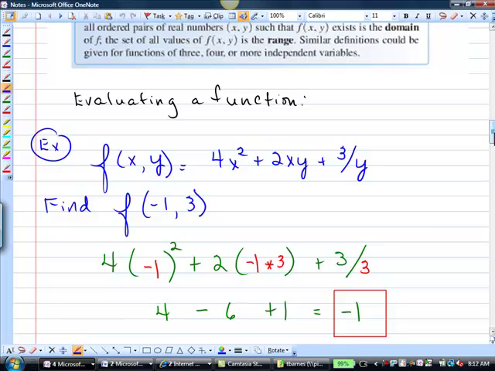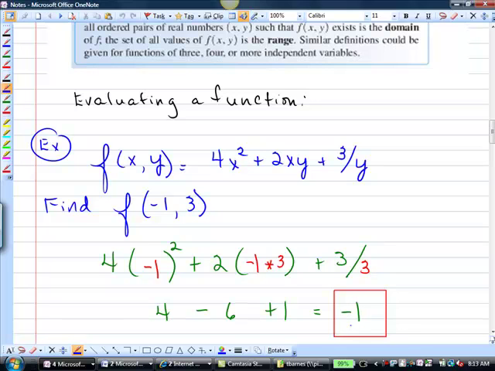Just plug in negative 1 for x and 3 for y. So everywhere those occurred in the line, that's in red, where I've plugged in x here, and I plugged in y here. And you plug them in and you get a value. So f of negative 1, 3 would be negative 1.